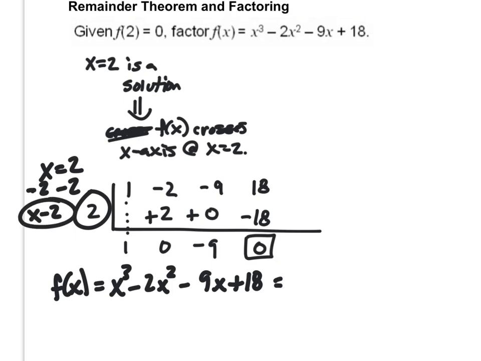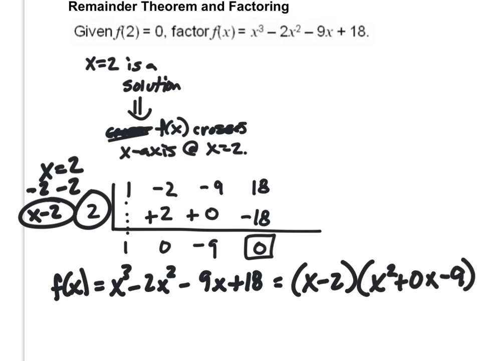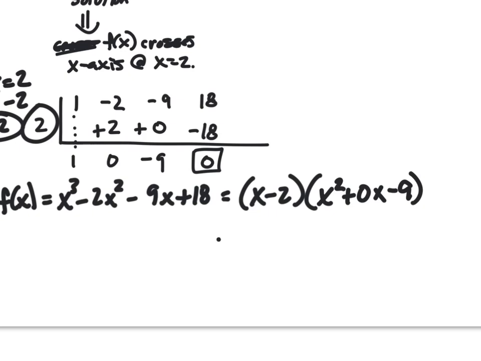So I factored out an x minus 2, and I'm left with 1x squared plus 0x minus 9. Rewriting, f of x is x minus 2 times x squared minus 9.